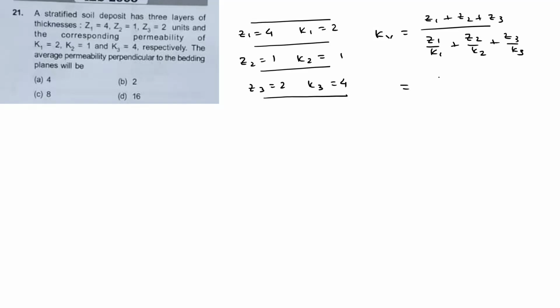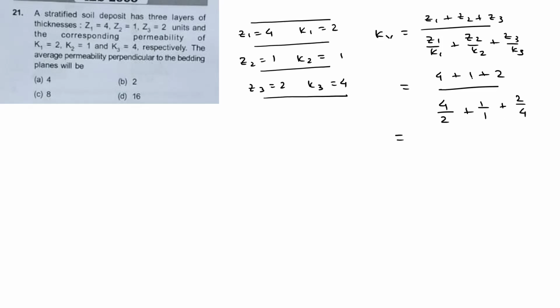So Z1 plus Z2 plus Z3 is 4 plus 1 plus 2, divided by 4 divided by 2 plus 1 divided by 1 plus 2 divided by 4.